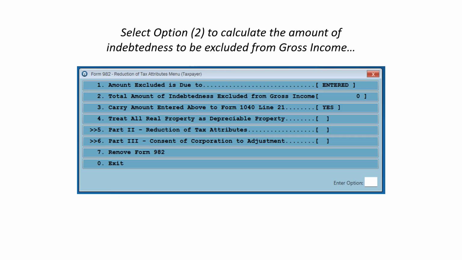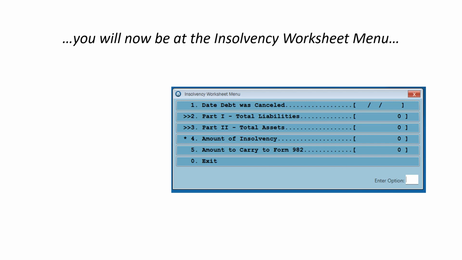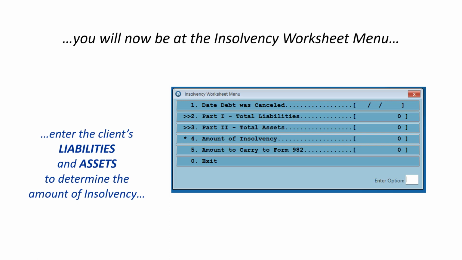We'll select option 2 to calculate the amount of indebtedness to be excluded from gross income. You'll now be at the insolvency worksheet menu. We'll enter the client's liabilities and assets to determine the amount of insolvency.